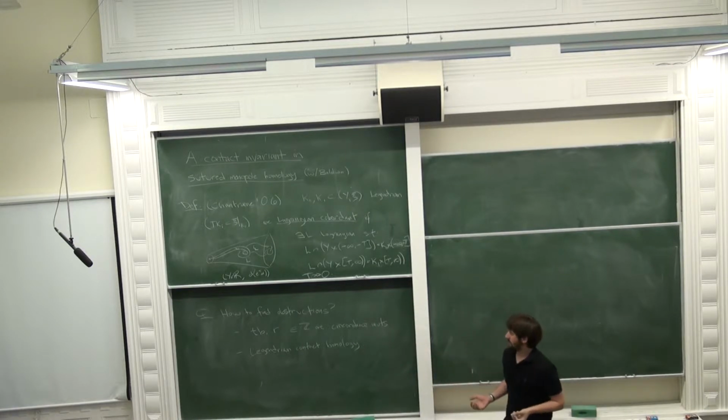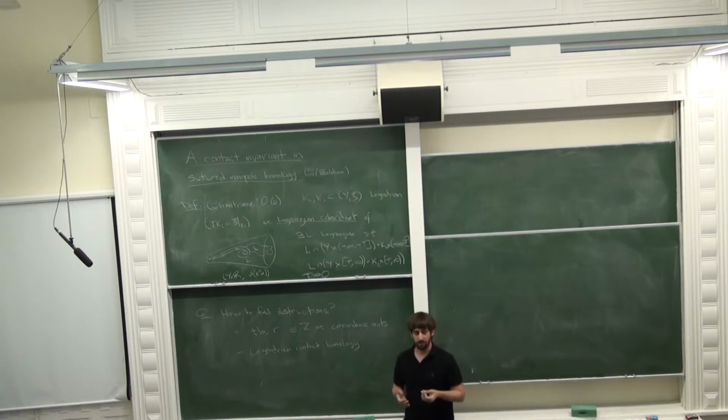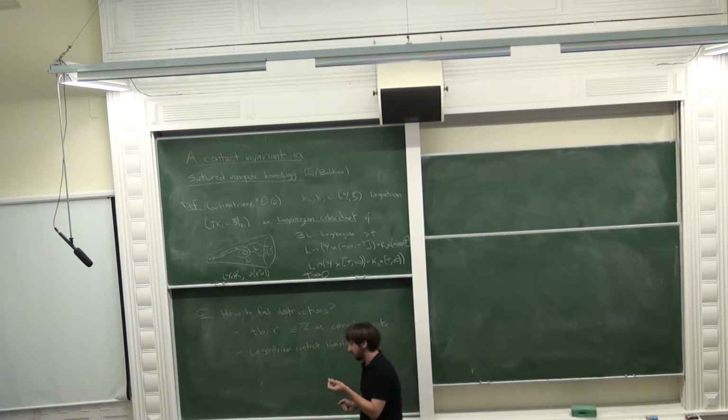You would hope maybe that if you write down a natural enough invariant of the Legendrian knots, that it gives you some kind of obstruction to concordances and higher genus cobordisms. Maybe it gives you maps on knot homology or something that carry a Legendrian invariant to another.